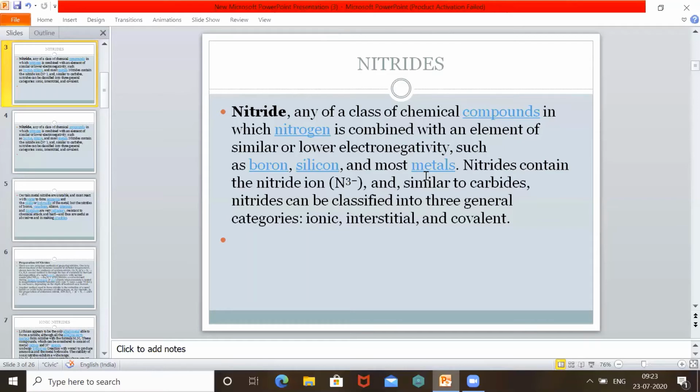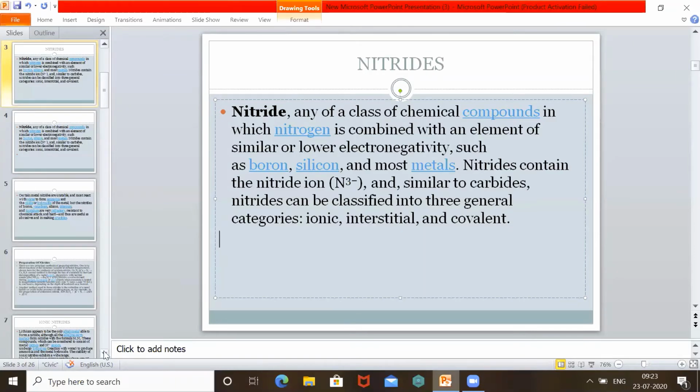Next one is covalent nitride. We find many varieties of covalent nitrides with nonmetals, particularly sulfur, boron, carbon. Carbon nitride C2N2 is called cyanogen, and cyanogen is very highly toxic in nature and oxidizing in nature, hence it is used as rocket fuel.